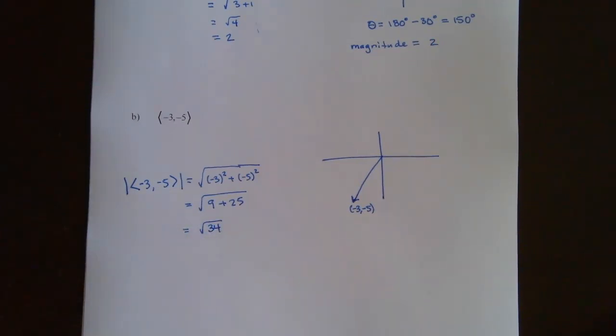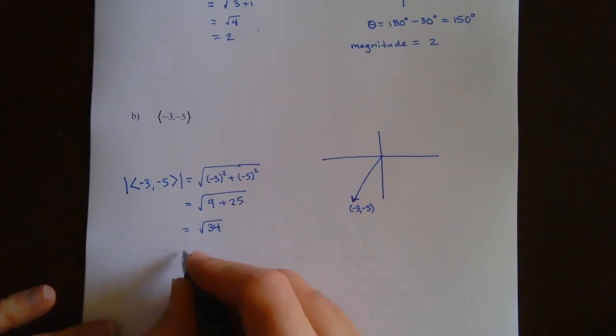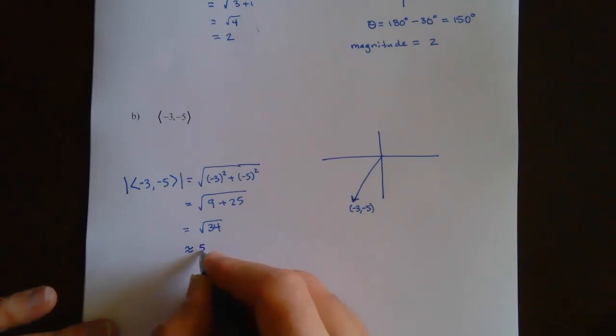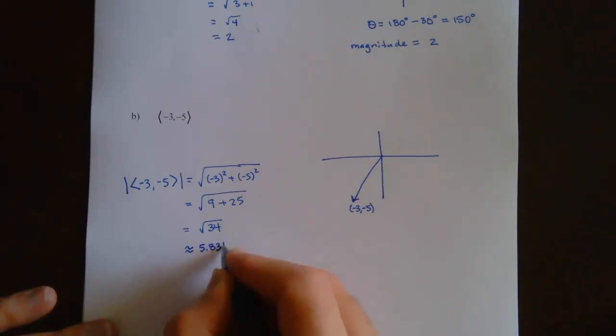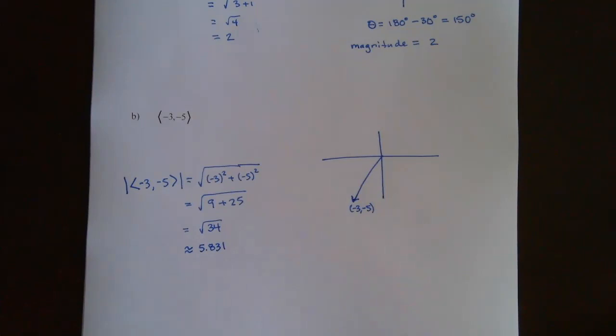That's the magnitude. You could put this into your calculator, and the square root of 34 is about 5.831.